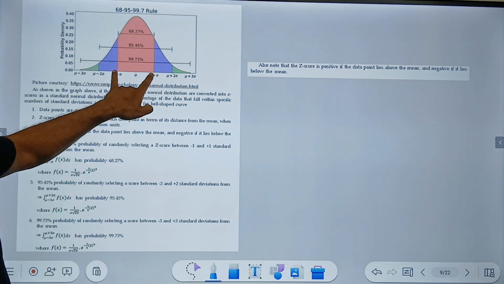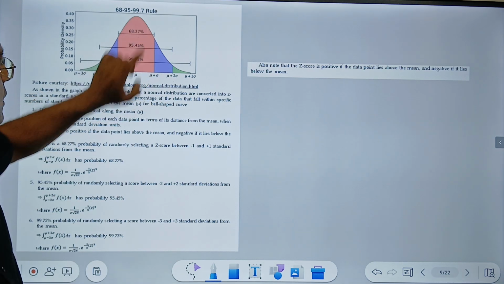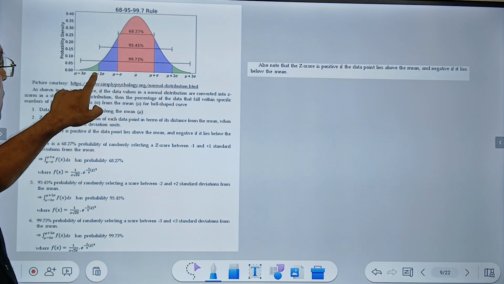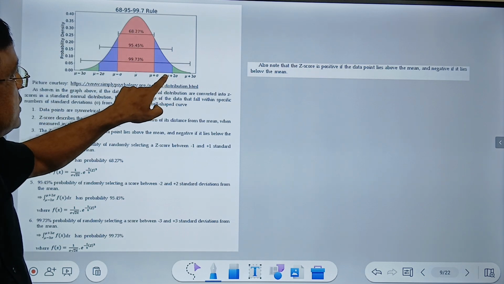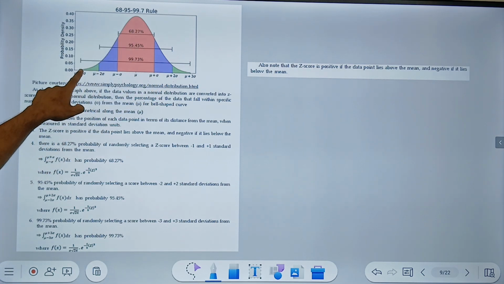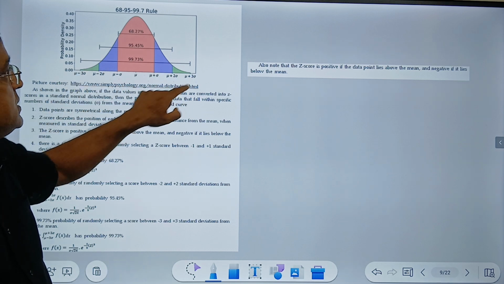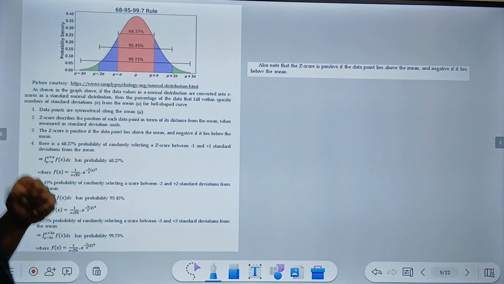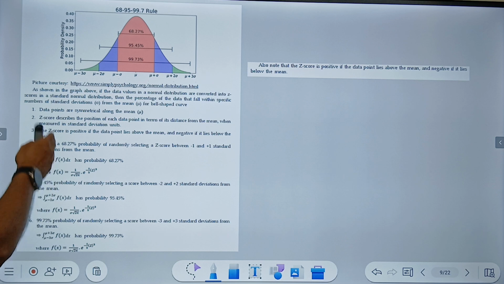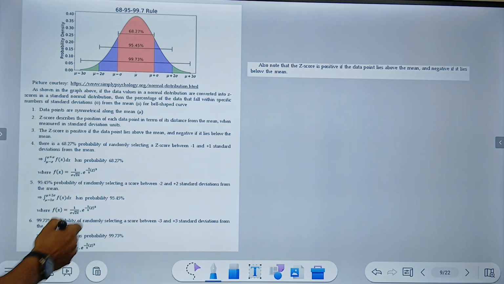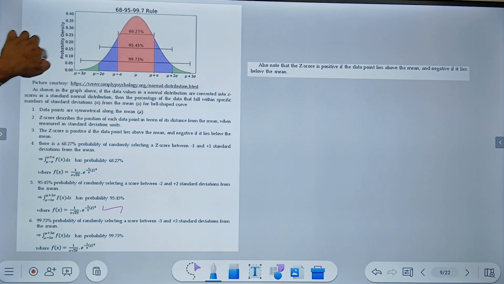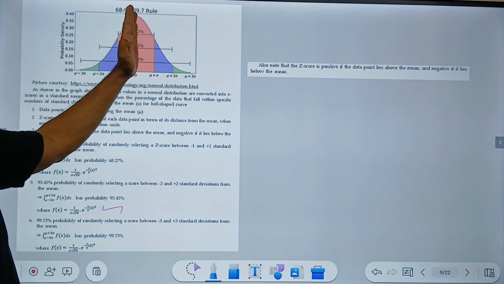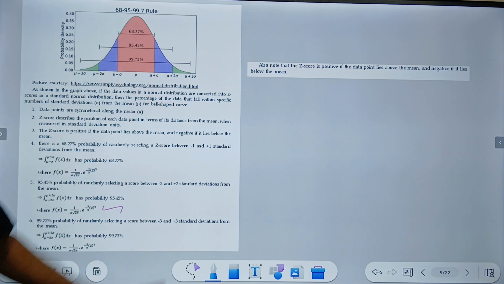Between mu minus sigma and mu plus sigma it is 68%. Between mu minus 2 sigma and mu plus 2 sigma it is 95%. Between mu minus 3 sigma and mu plus 3 sigma it is 99.7%. And I have also told you what the probability density function is, how it is defined, and I have given you the formula. And you know the total area is 1, and the bell-shaped curve is divided into 2 parts. Each area is 0.5.